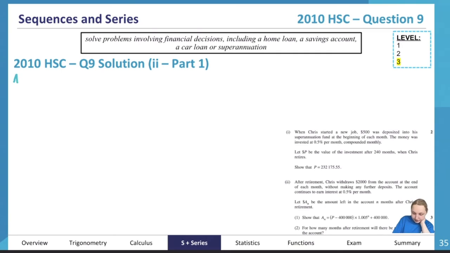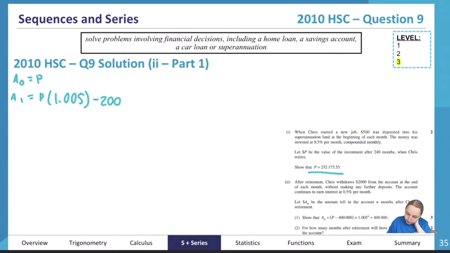So our A0 is equal to P. When we haven't taken out any money, we just have however much was put in there.